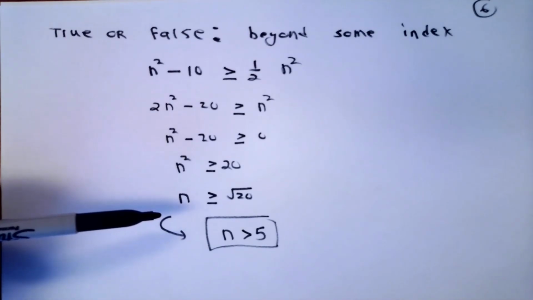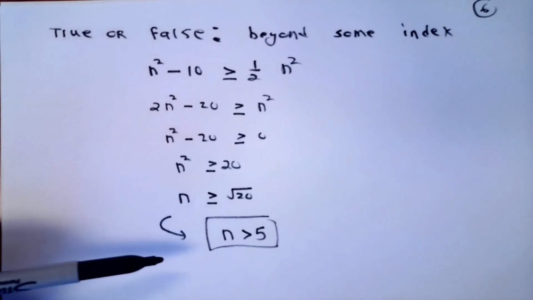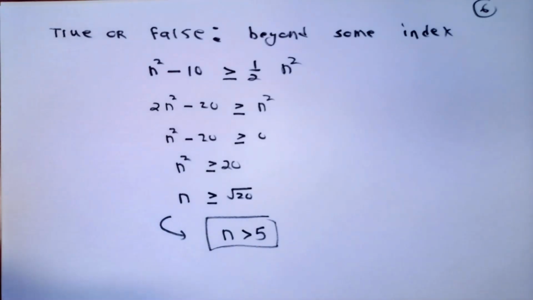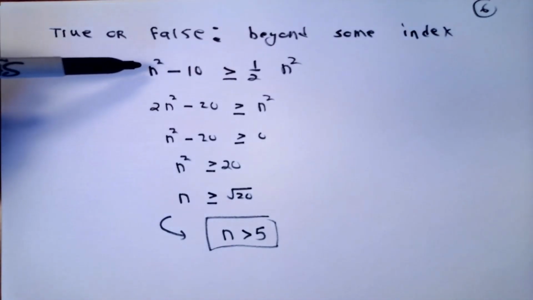N is going to be a whole number, though, and radical 20 isn't. So certainly if n is bigger than 5, then n is bigger than square root of 20. After you get past index 5, this inequality is true.